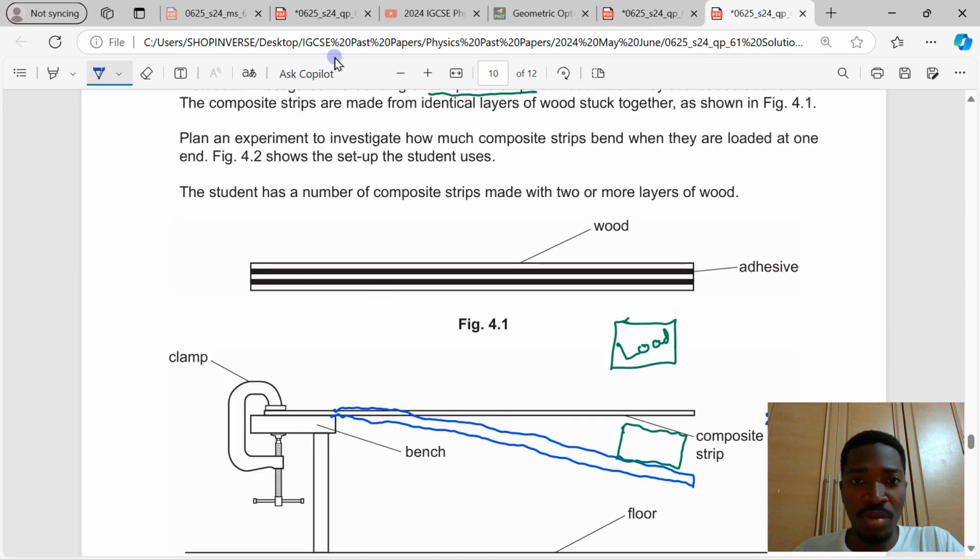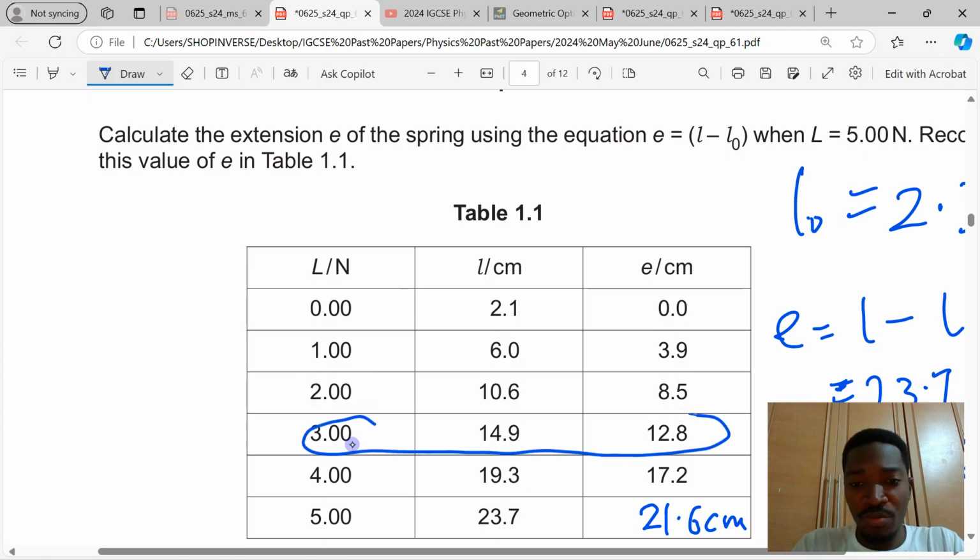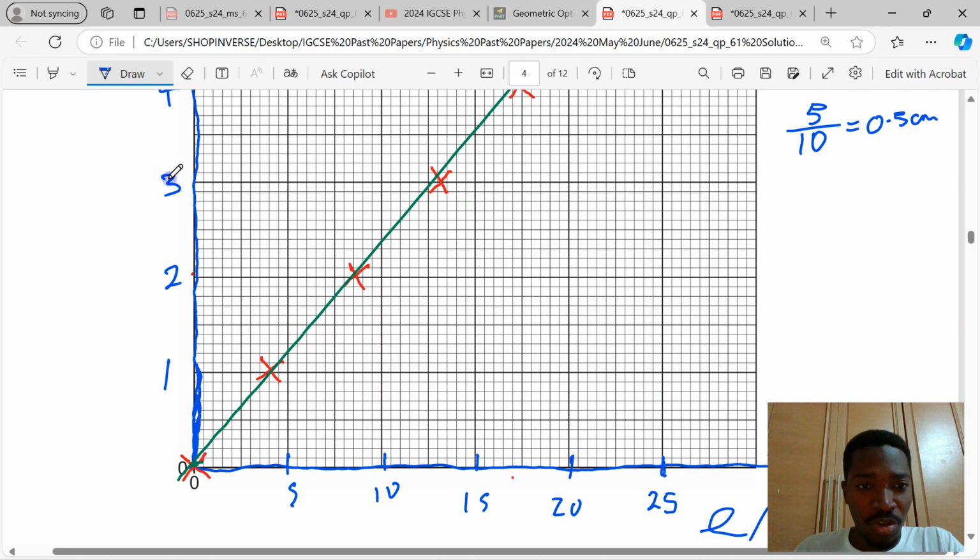Let me just show you the third one quickly. For the third one, I picked the load of 3 Newton and an extension of 12.8 centimeters. So 3 Newton, extension of 12.8, 10, 11, 12, 13. 12.8 is so close to 13.